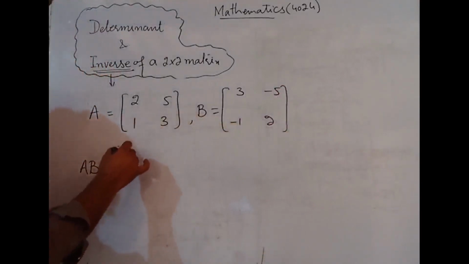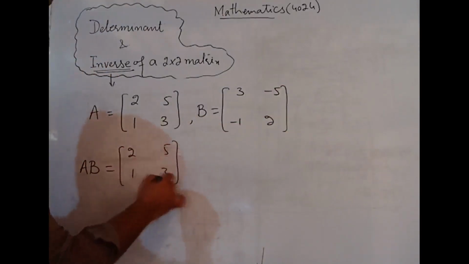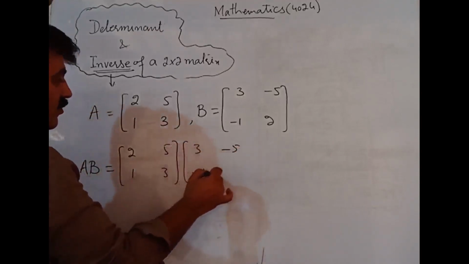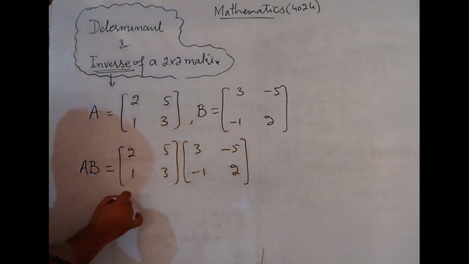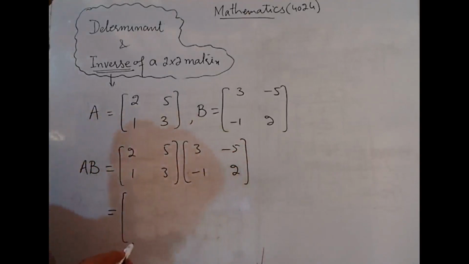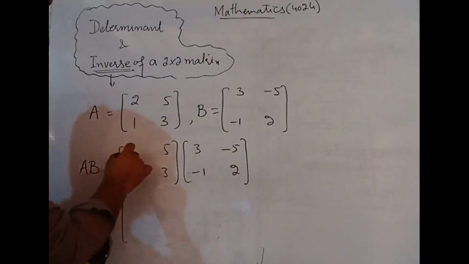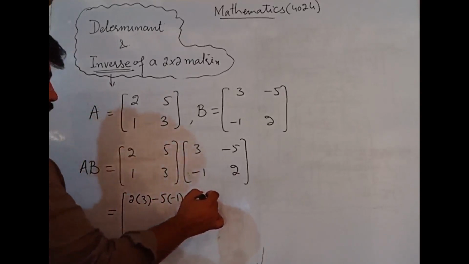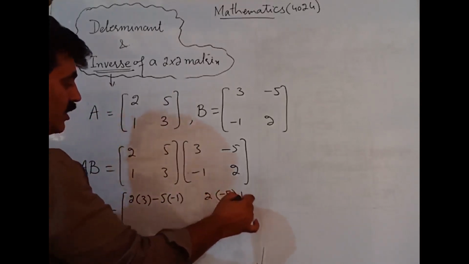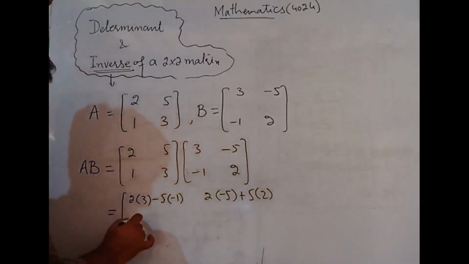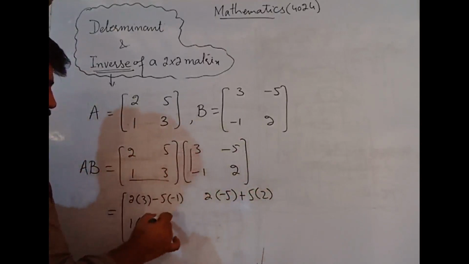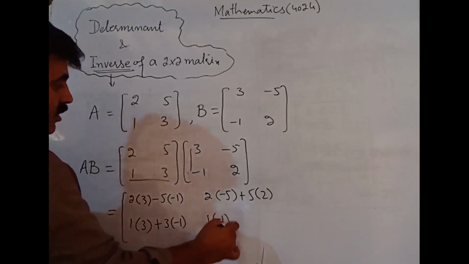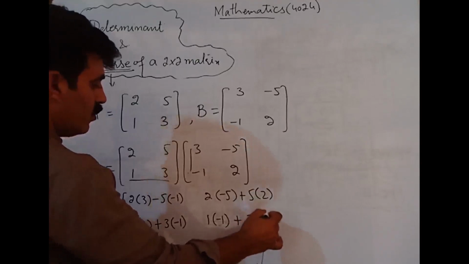AB is 2, 5, 1, 3 times 3, -5, -1, 2. Using matrix multiplication as discussed earlier: 2 into 3 plus 5 into -1, 2 into -5 plus 5 into 2. Similarly 1 into 3 plus 3 into -1, and 1 into -5 plus 3 into 2.